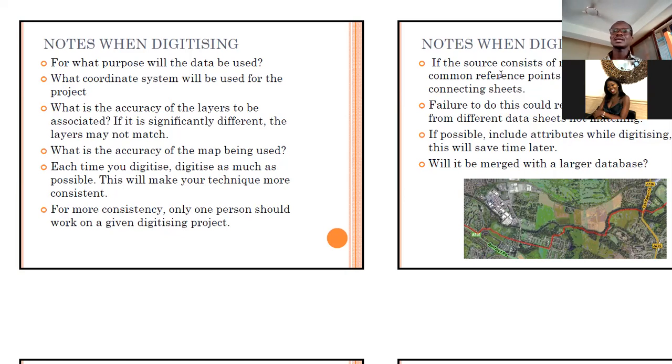Then we are looking at Universal Transverse Mercator. We can look at other geographical coordinate systems like WGS 84, World Geodetic System 84. You should look at the accuracies and you should digitize as much as you can, because you can get bored of the digitizing and start making mistakes.